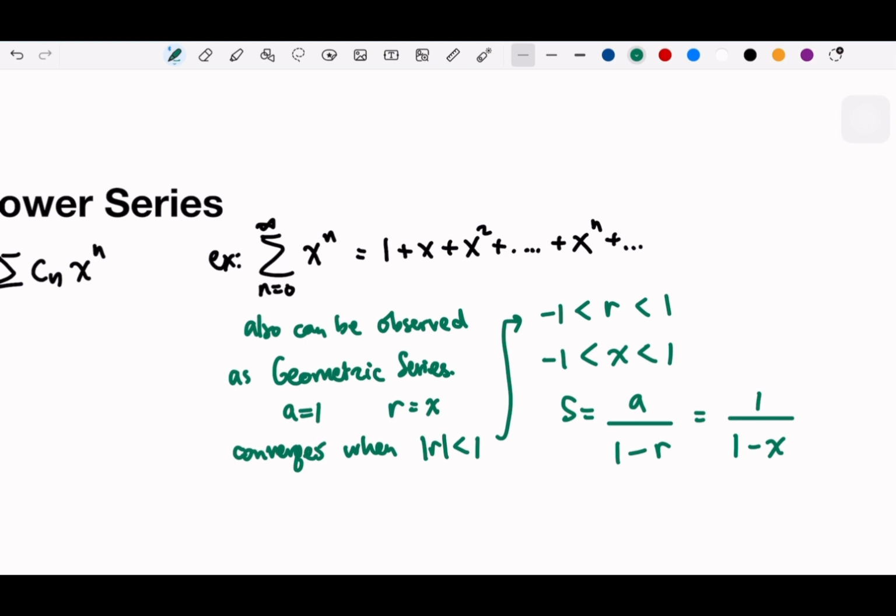So you could see that this is becoming a function. Let's start looking at the whole definitions.